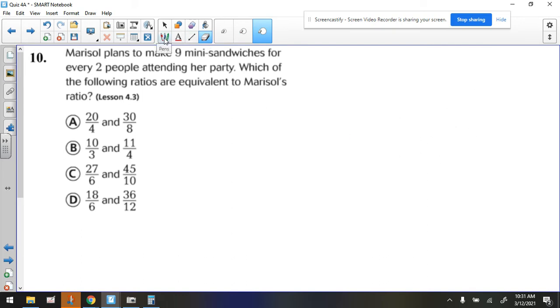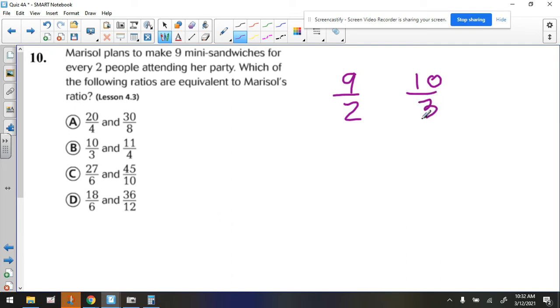Now remember, we're always comparing to that 9-to-2 because that's Marisol's ratio. It's a 9-to-2 ratio. So if we look at the first choice in B, they give us a 10-to-3 ratio. So if we write that over here and check our cross products, this cross product is equal to 27.